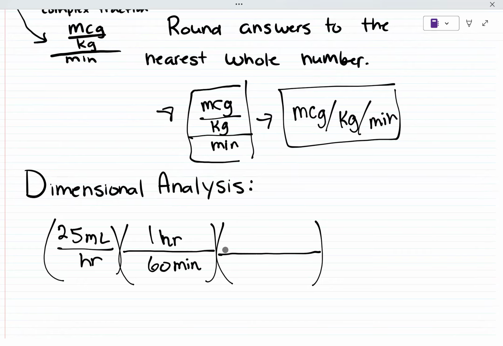And then use the other information we're given. It says a dopamine of 400 mg per 250 milliliters. What we want is mcg on the top over kilograms over minutes. So we got to put mcg on the top.